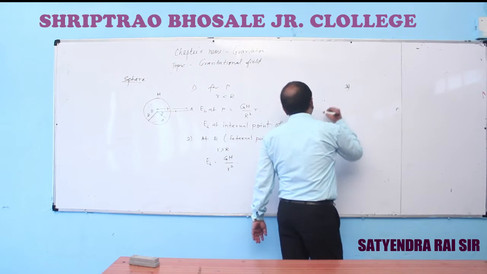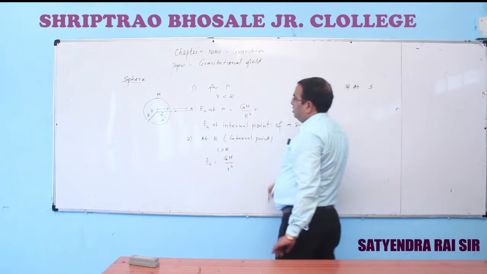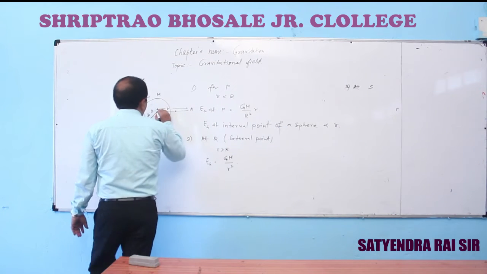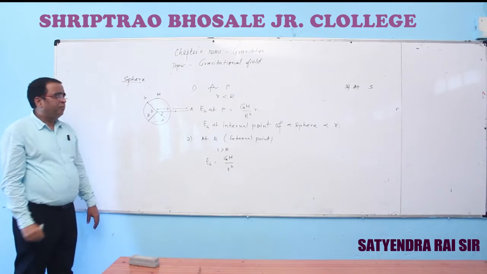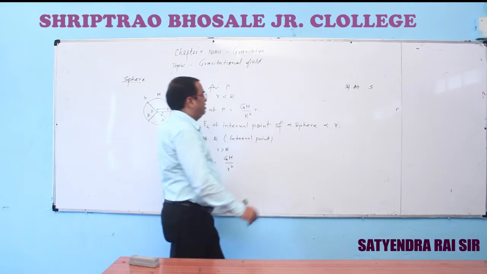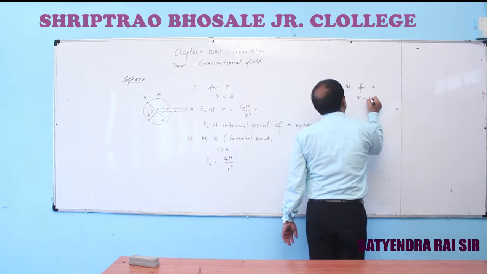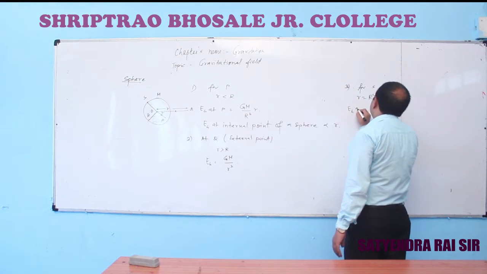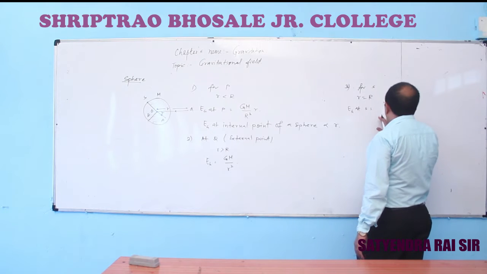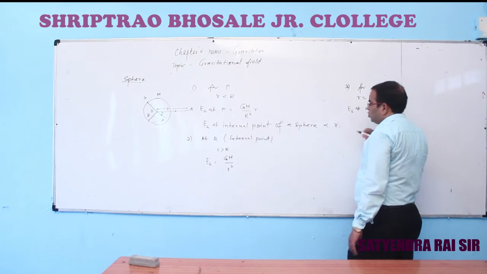And third case, a point S lying somewhere on the surface of the sphere. For S, the condition is small r equals capital R, and Eg at S will be Gm by capital R square.